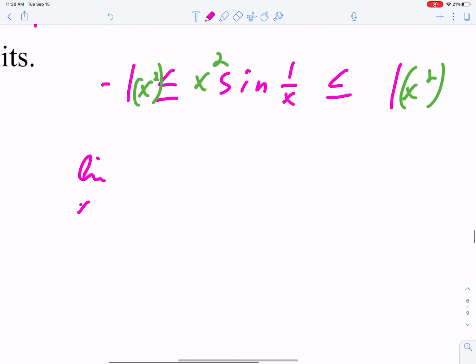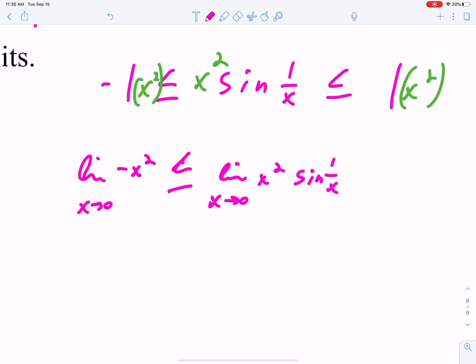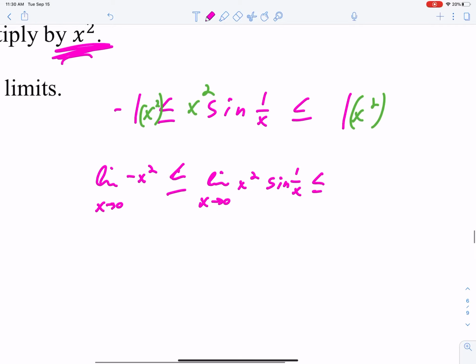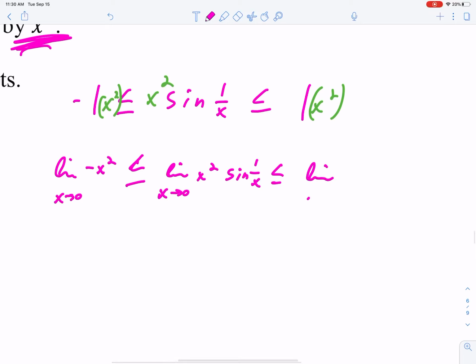So the limit as x approaches 0 of -x squared is less than or equal to the limit as x approaches 0 of x squared times sine of 1 over x, which is less than or equal to the limit as x approaches 0 of x squared.